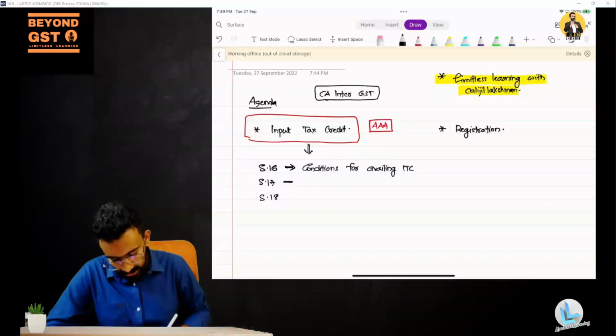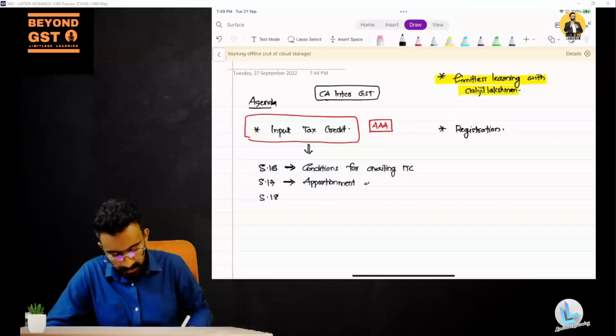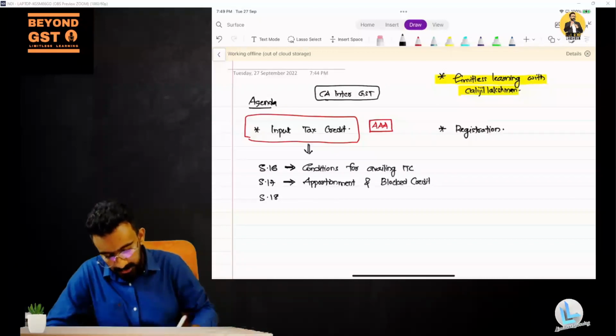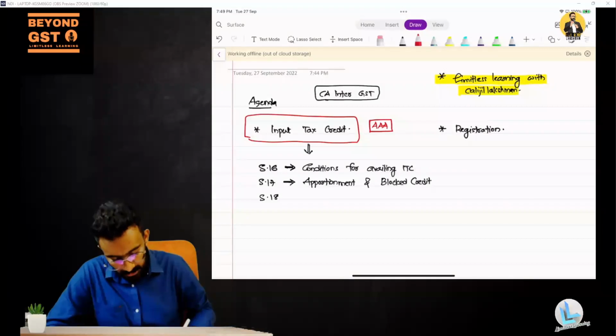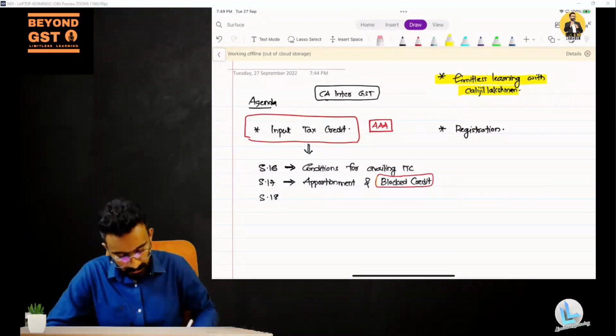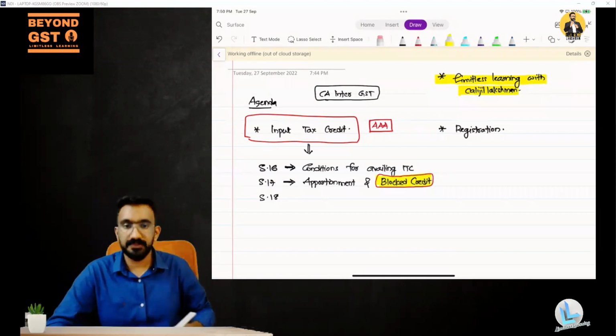Section 17 talks about two things. One is apportionment of credit, and it also talks about something called blocked credit. Believe me, apportionment of credit is something they don't want to test at your level. So for you, what becomes most important is blocked credit.